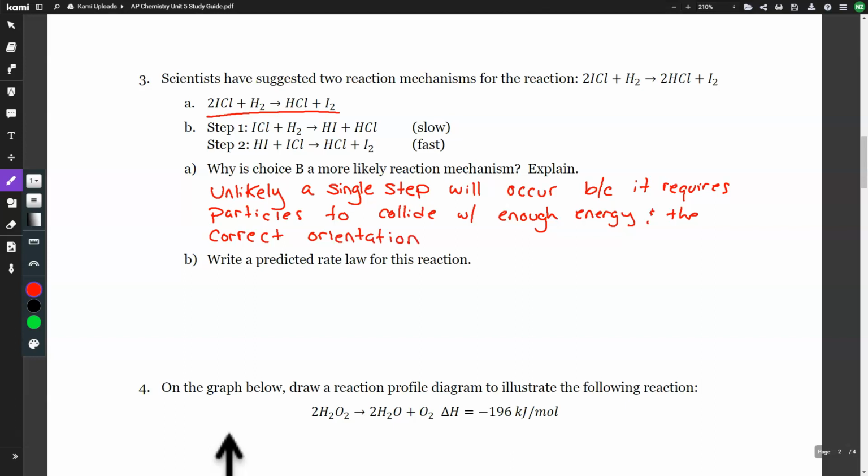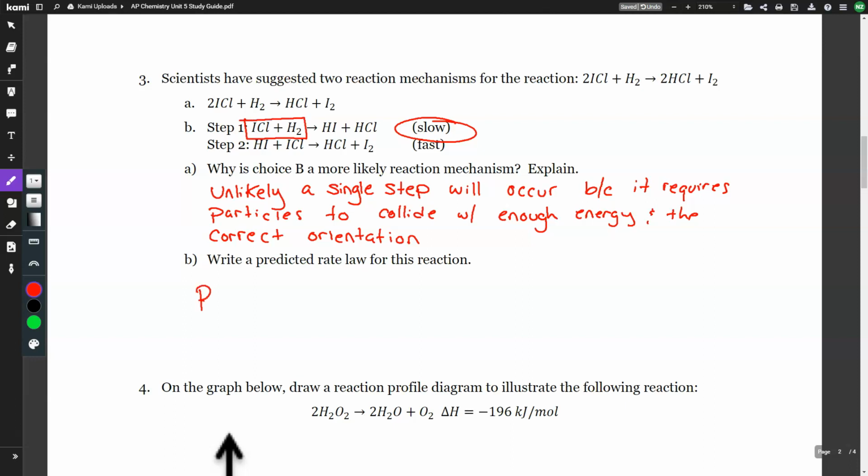Okay, it says write a predicted rate law for this reaction. So in mechanism 2, the slow step is the first step, so that is going to be our rate determining step. So we're only concerned with the reactants when we write out our rate law.